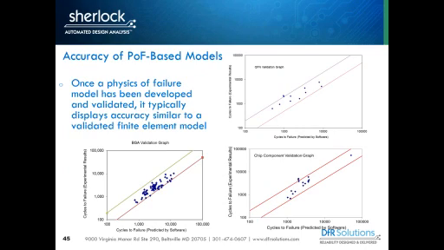And the accuracy of these physics of failure-based models is really good. You're talking about models really based on explaining empirical behavior, such as fatigue, by understanding the physics behind it.